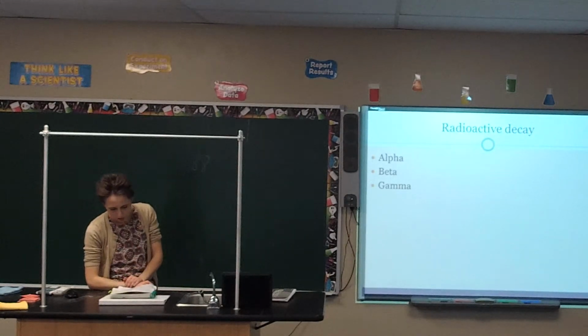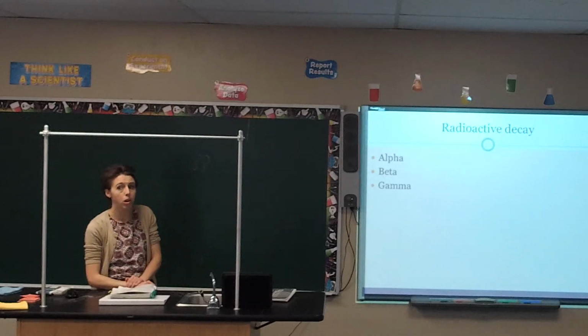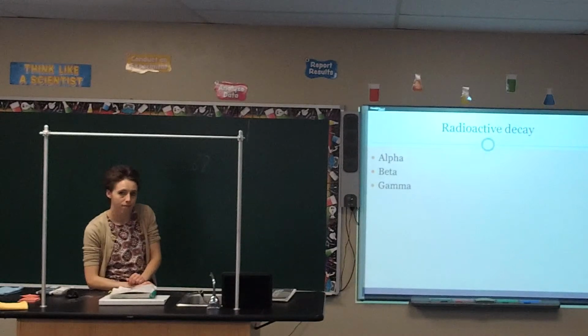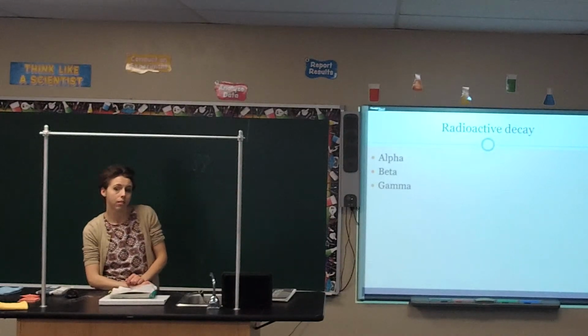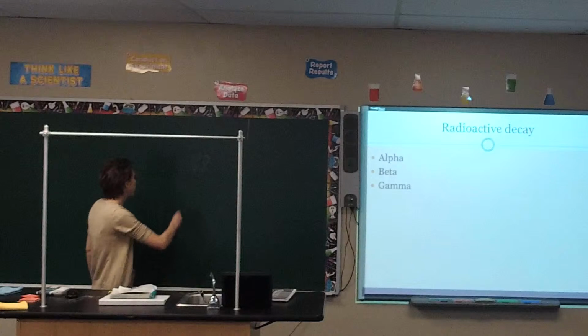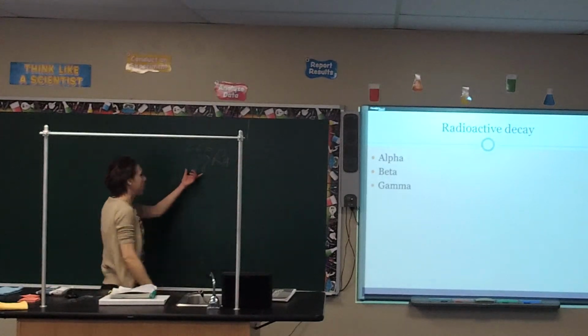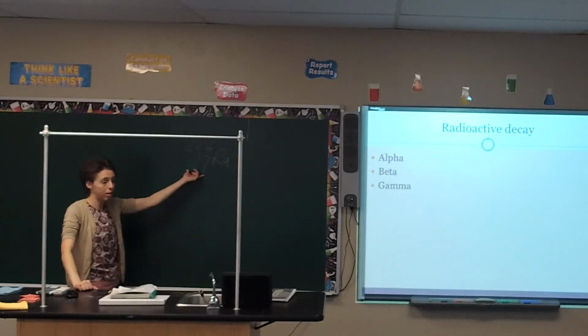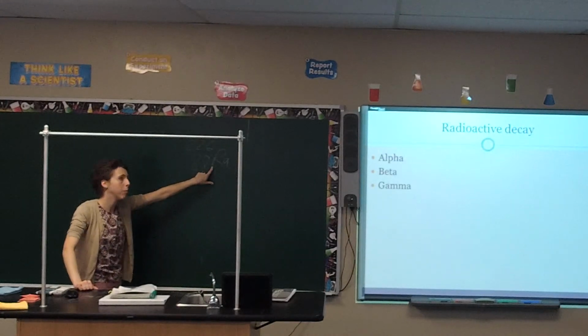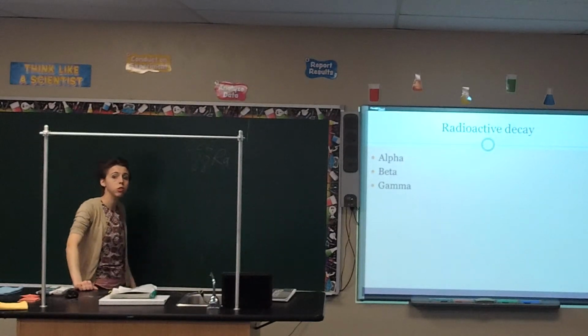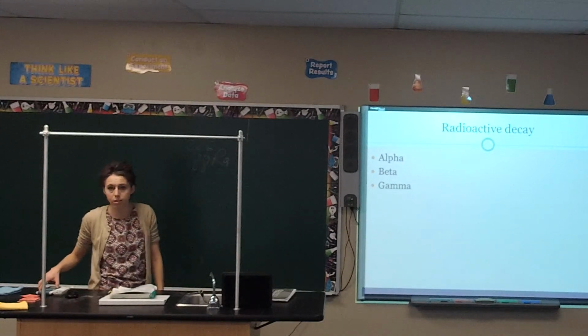So this is radium-226. What does the 226 tell you? Whenever you see it written out like that, what do we call that? That's the mass number. Typically we write it like this, to where the number of protons is the atomic number that tells the identity of the element. The mass number is typically written on top. So 226 is telling us the total number of protons and neutrons together.